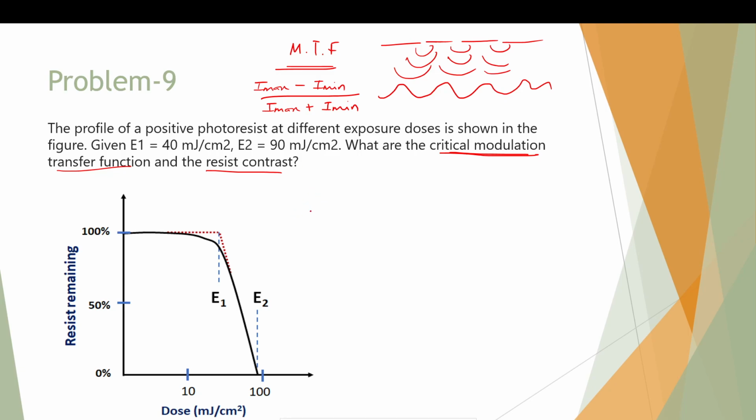So the critical modulation transfer function contrast is nothing but 90 minus 40 upon 90 plus 40 millijoules per centimeter square. That is only 50 upon 130, somewhere around 0.38.